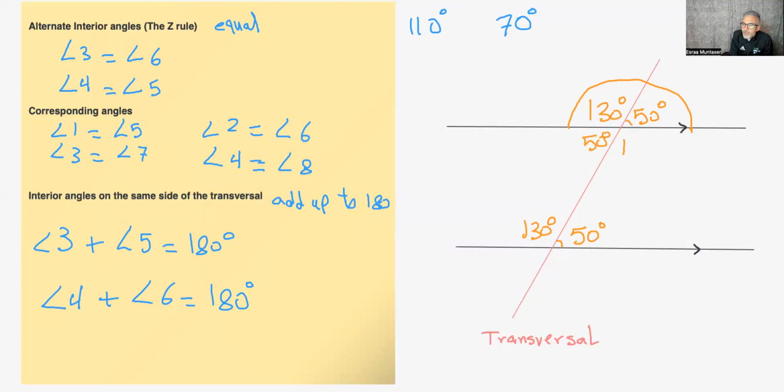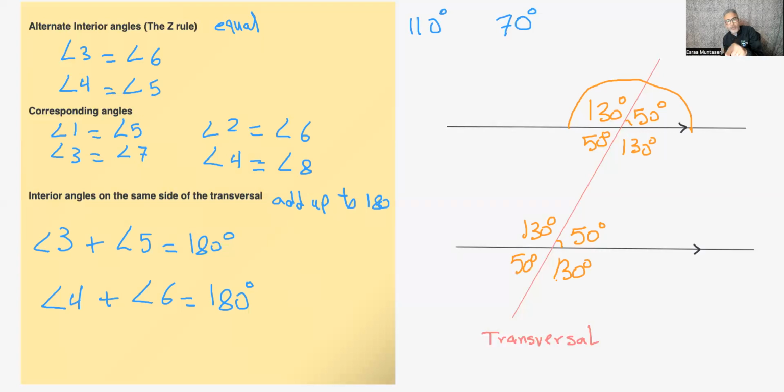Also, this would be 130 degrees because of alternate interior, the Z rule, and they look the same size. And this will be 50 degrees because it's either vertically opposite or corresponds to the 50 right there. And this would be 130 right here because it corresponds to this or is vertically opposite to that. This and this add up to 180, the interior angles on the same side of the transversal.